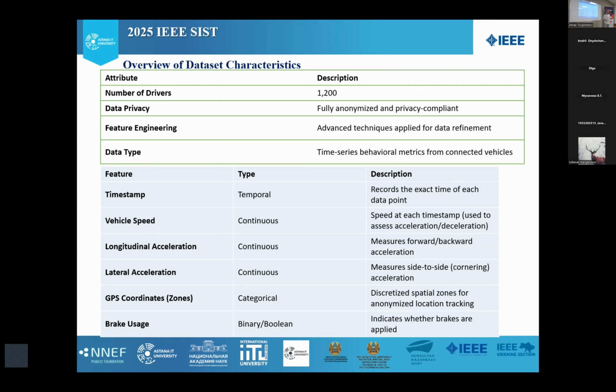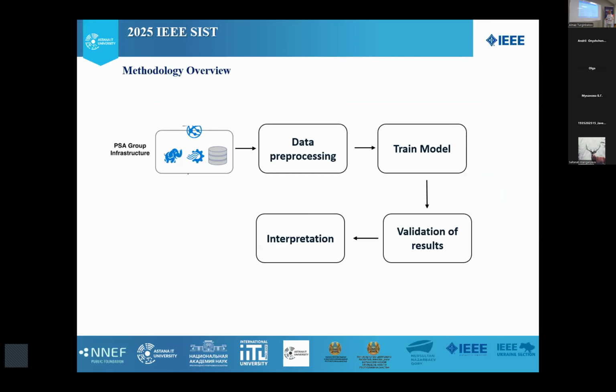We say this driver has a 20 or 100 speed limit, so we have a range. We must anonymize this. For GPS coordinates, we don't use the pure coordinates. You can say it's in this area or in this zone. So we have a lot of work to anonymize all the data before asking the questions.